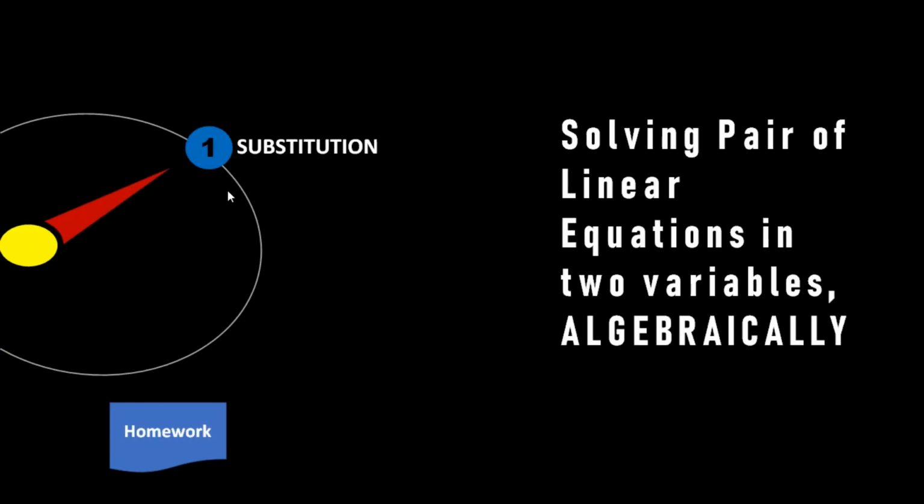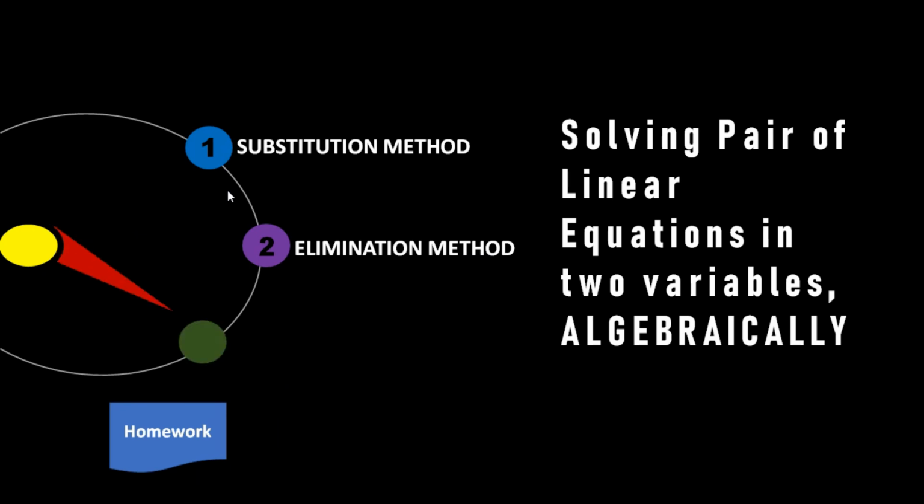So looking at these three methods that we have covered, substitution method, elimination method, and cross multiplication method, all three are done in a different manner, but any pair of linear equations can be solved using either of the methods.